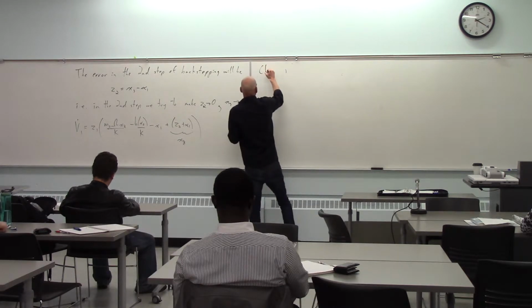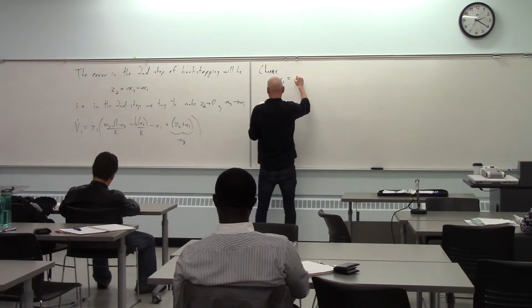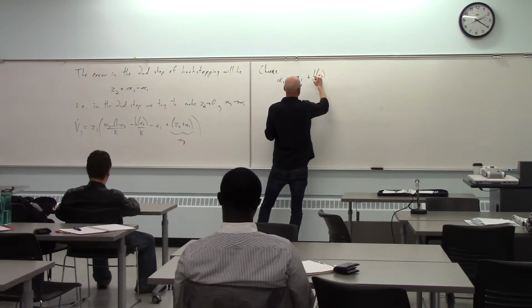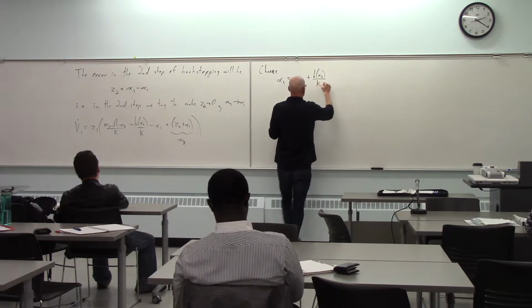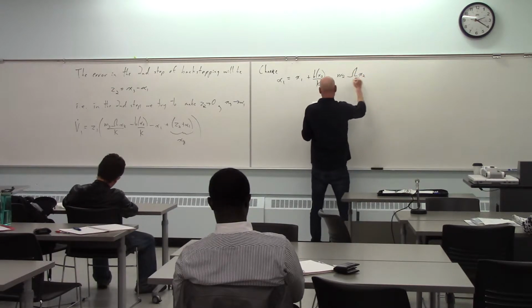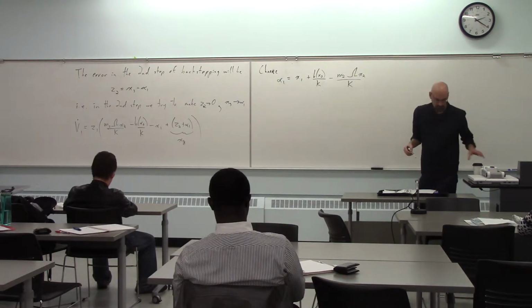So choose alpha 1 equal to x1 plus b x2 over k minus m2 lambda x2 over k. So I want to cancel out all those terms in there.